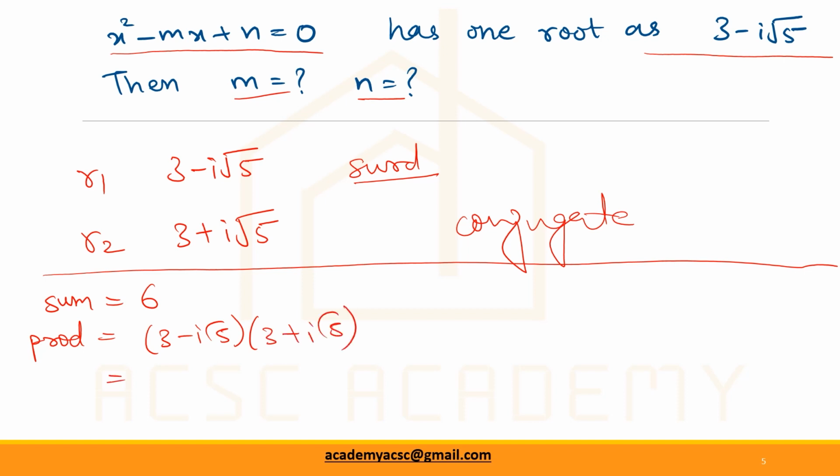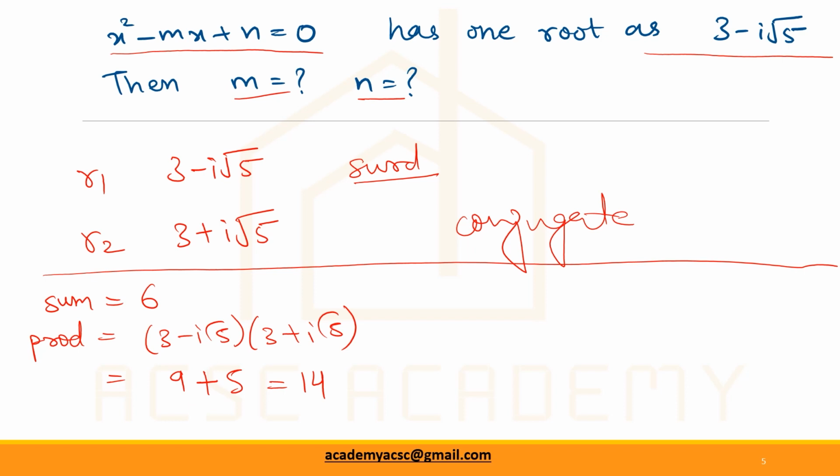That simply becomes 9 minus (iota root 5) the whole squared, that is, iota squared is minus 1. So when you take the iota squared and this minus, it will get converted into 9 plus, and root 5 squared is 5, so that is 14. So we have the sum as 6 and the product as 14.